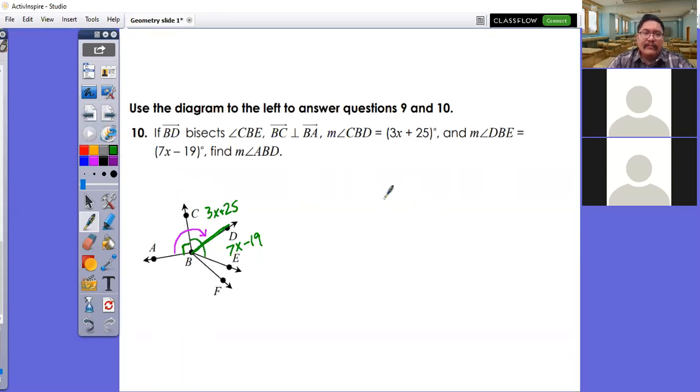All right, so let's start with what we know. We know that these two are congruent. That's a good starting point because since they're congruent, they should be equal to each other. This is actually what we learned yesterday, and we are going to have to use these over again.